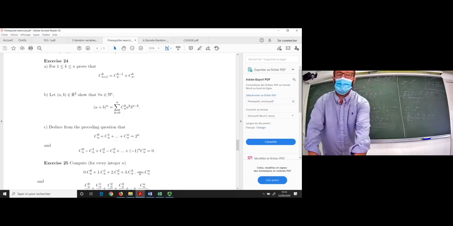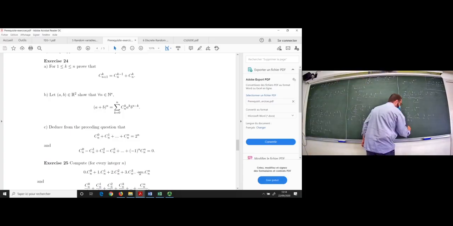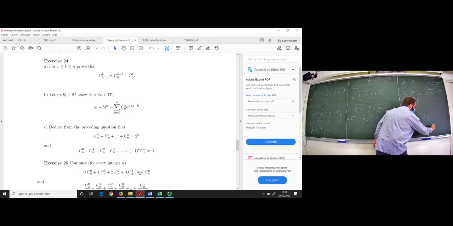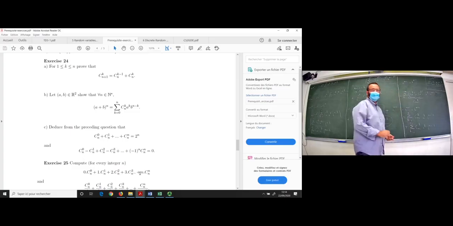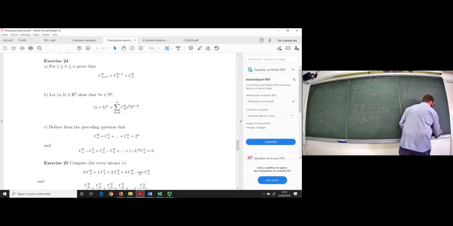So it means that the sum I am interested in can be written as the sum from k equal to 0 to n+1 of C(n+1, k) a^k b^(n+1-k), and I have done the job by induction. Okay.